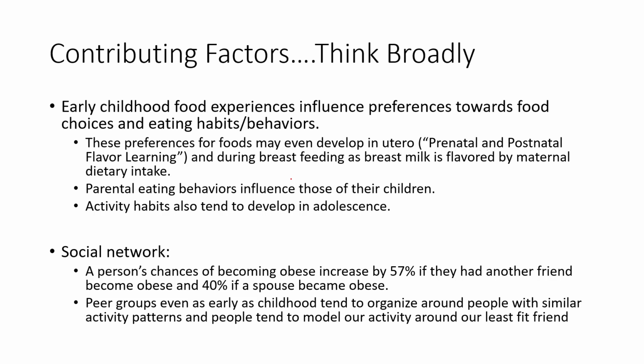And kids are repeatedly exposed to those tastes, and they develop preferences for certain foods. So there have actually been some interventions to address what the mother takes in during breastfeeding to affect dietary intake. It may even develop in utero. There's some great work looking at prenatal and postnatal flavor learning. You learn your preferences for certain foods based on what you're exposed to. And parental eating behaviors have strongly been shown to influence those of their kids.